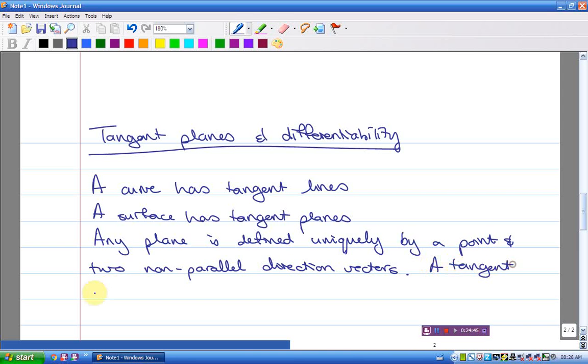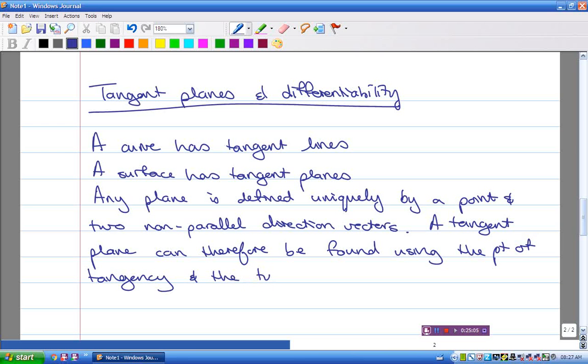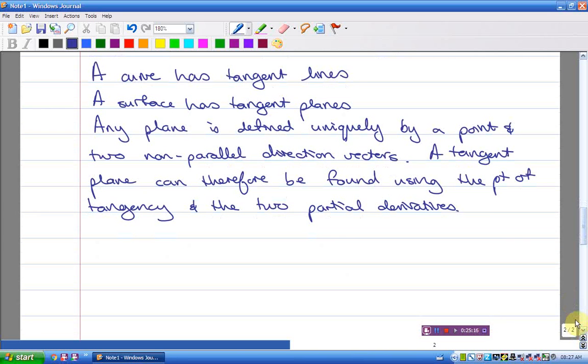A tangent plane can therefore be found using the point of tangency and the partial derivatives, and a little bit of fiddling, just using your knowledge of first year vector geometry.